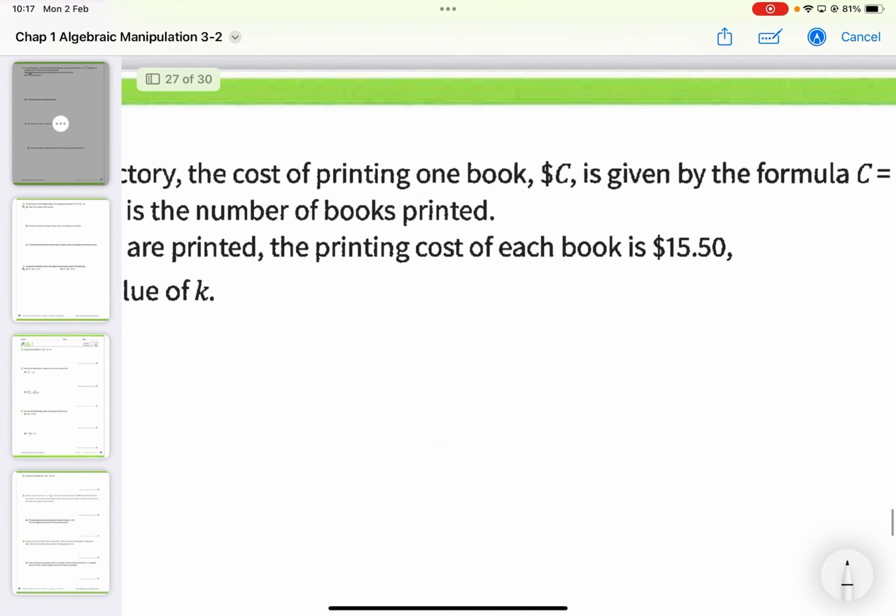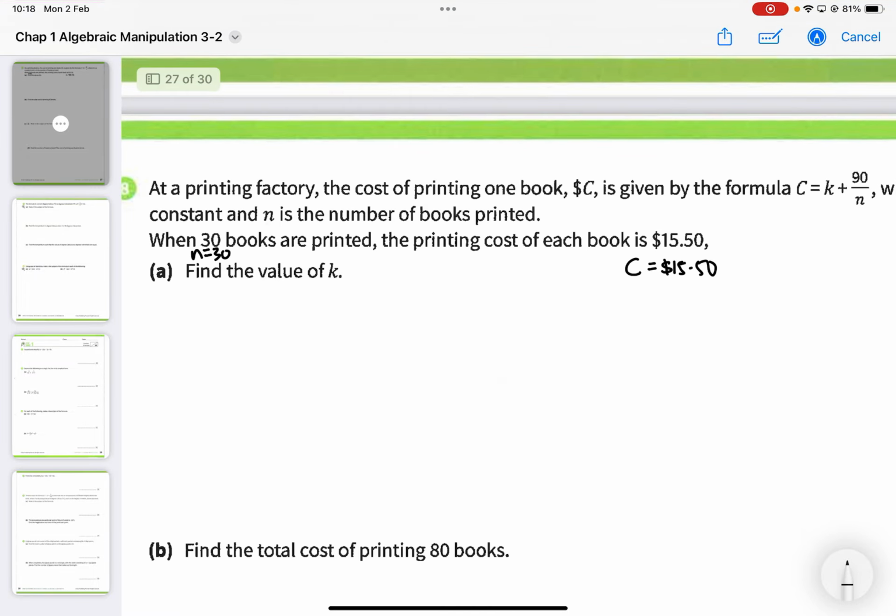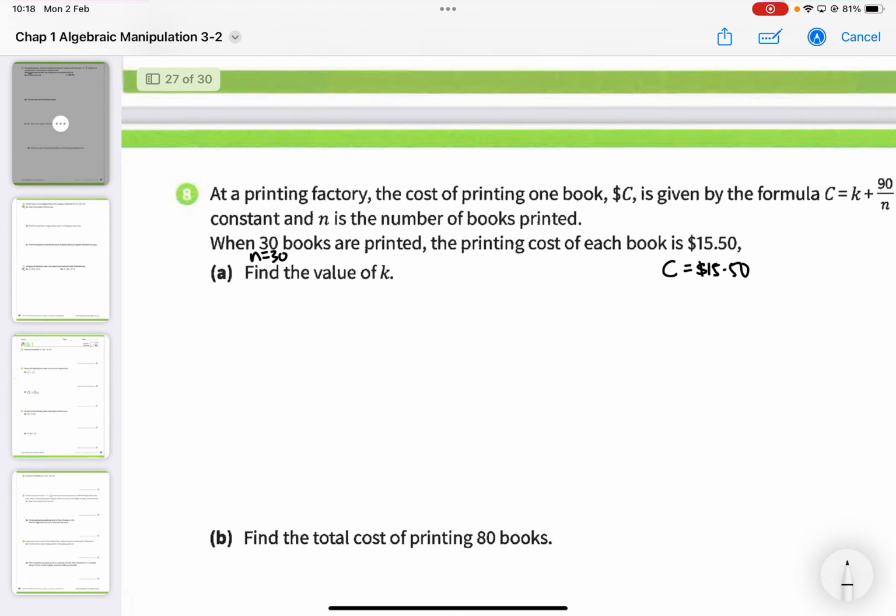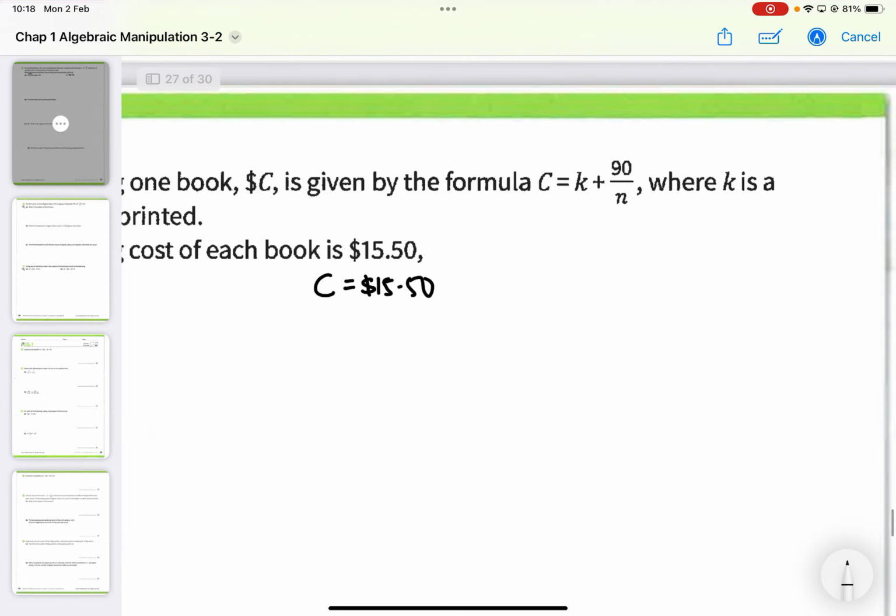They are telling you C is 1550. Cost. So cost C is 1550. Then, they are telling you that N is 30, C is 1550, find K.